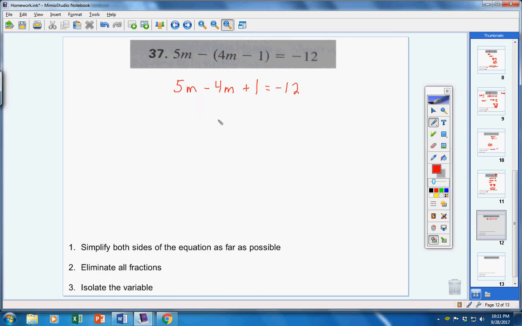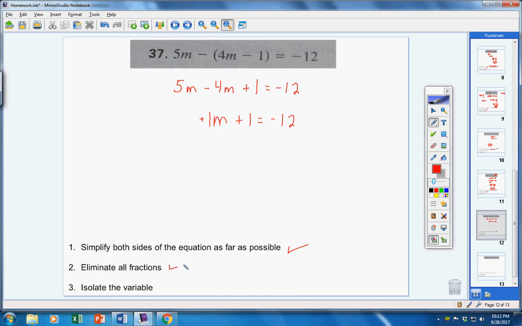M term, positive 5, negative 4, positive 1. Bring down your positive 1. Please do not try to combine those. They're unlike terms. And if you don't want to put this 1 there, you don't have to. You can if you want to. It's up to you. Okay, step 1 is done.